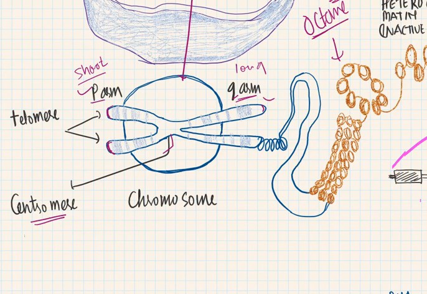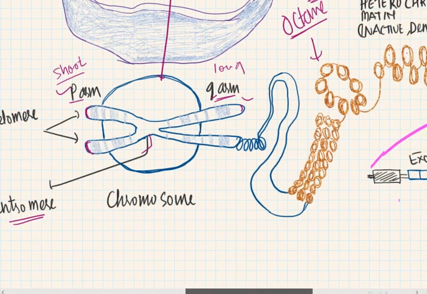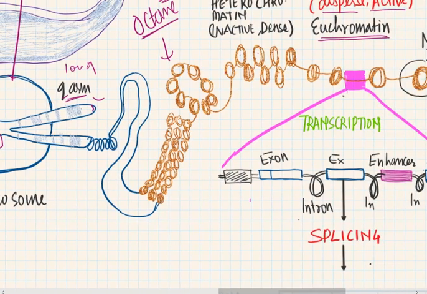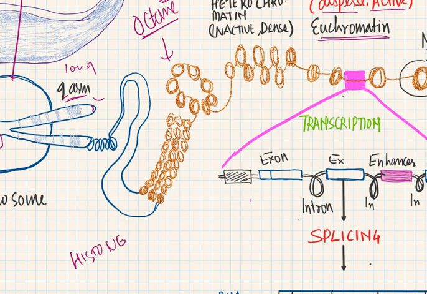This chromosome is further made up of many octamers, or histone molecules.